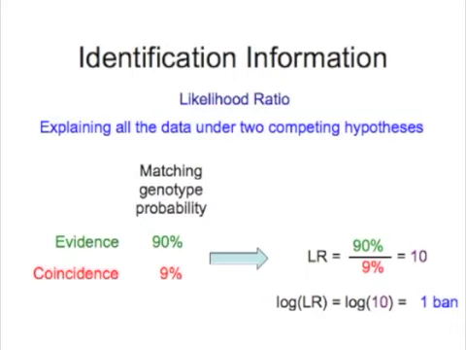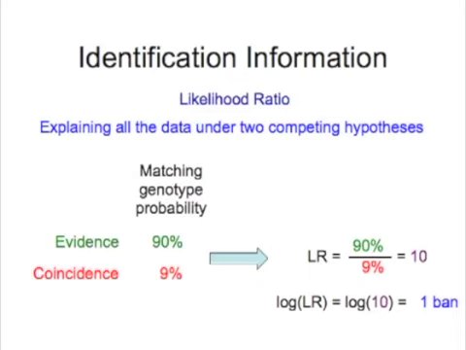Suppose you compare this with an individual that has a 15, 16. You can compute a statistic called the likelihood ratio, and it turns out that the likelihood ratio is directly related to identification information. So any valid DNA match statistic is somehow related to a likelihood ratio.